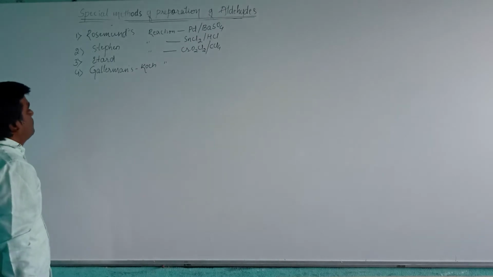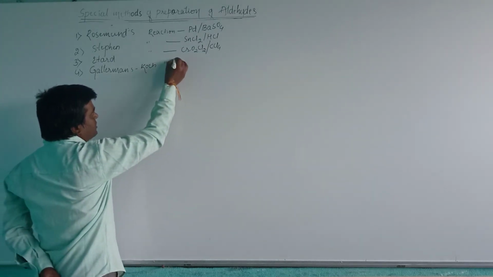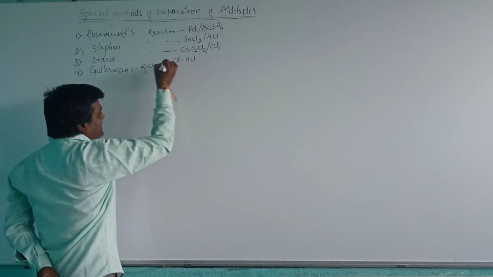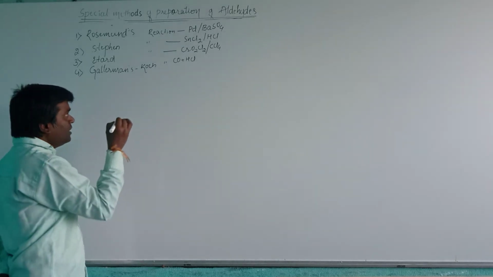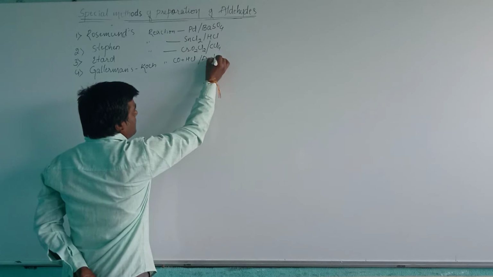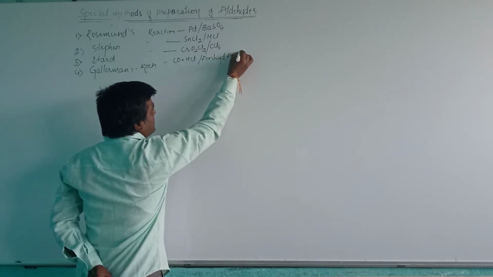Then in the fourth reaction, we use a mixture of carbon monoxide and hydrochloric acid. These are reacted with the hydrocarbon in the presence of anhydrous AlCl3.